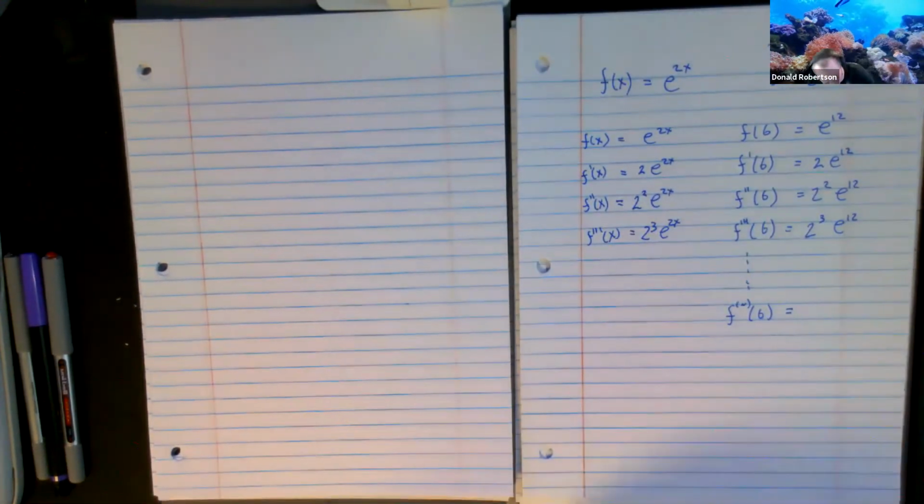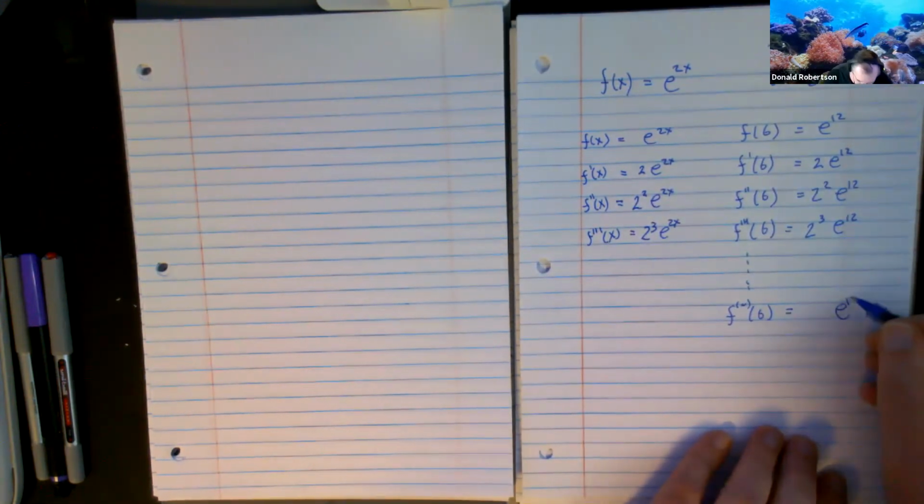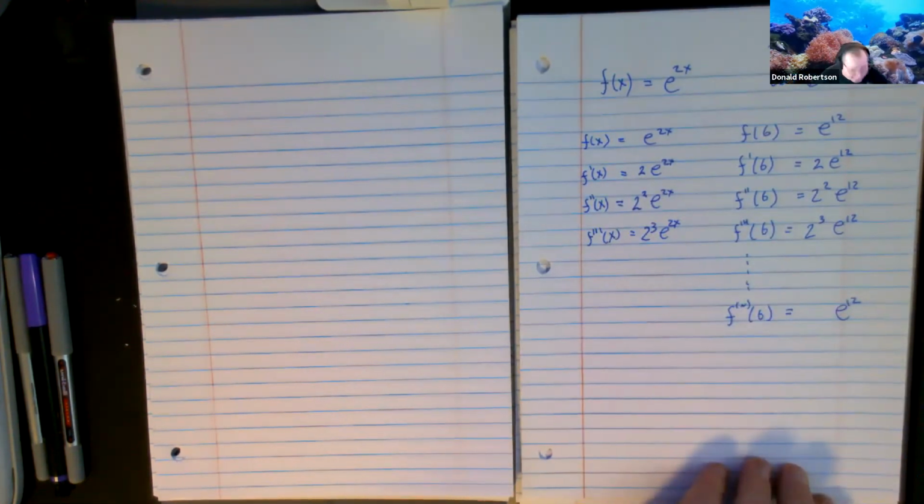I think I can find the nth derivative at 6. Would you agree that the pattern this time is really quite nice? Won't all of them have an e to the 12? And don't all of them have a power of 2?